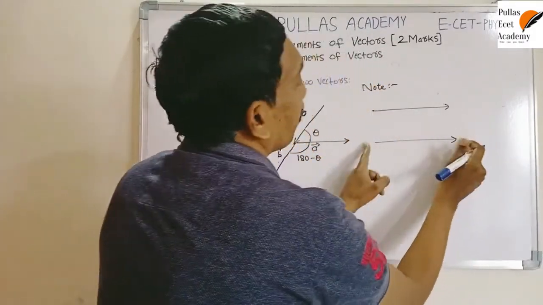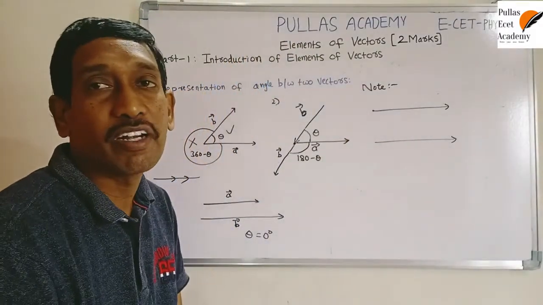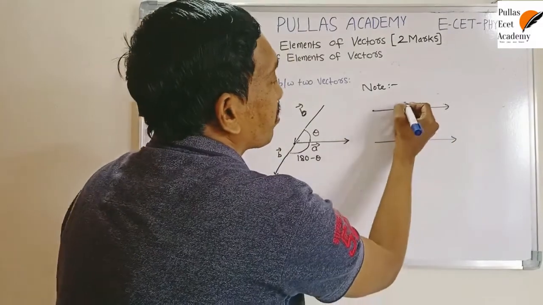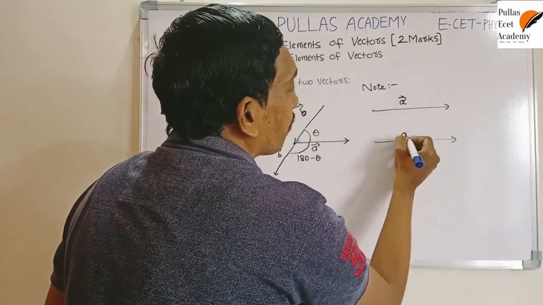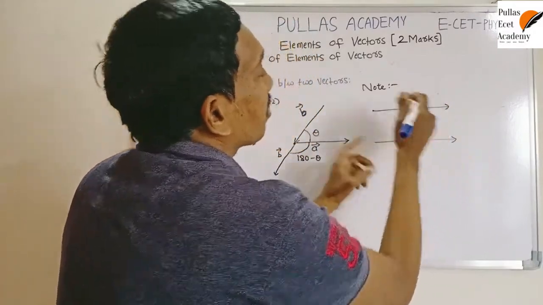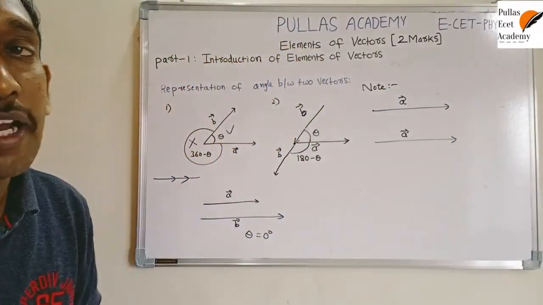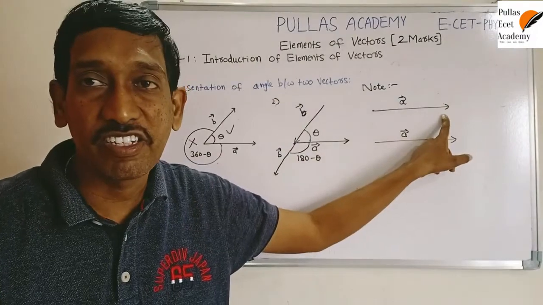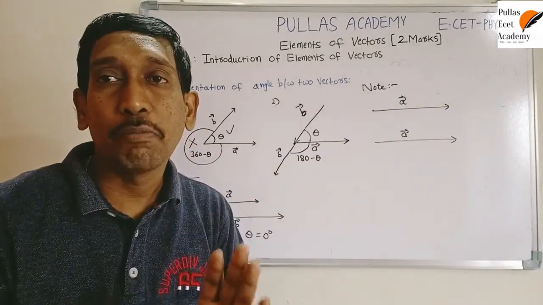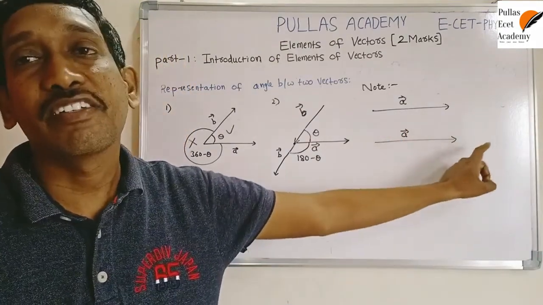Then there is no change in its magnitude and direction. The direction is the same. It is just slid from here, it is still a bar vector. That means the vector does not change. If a vector is slid parallel to itself, then it does not change. That is one of the conditions.